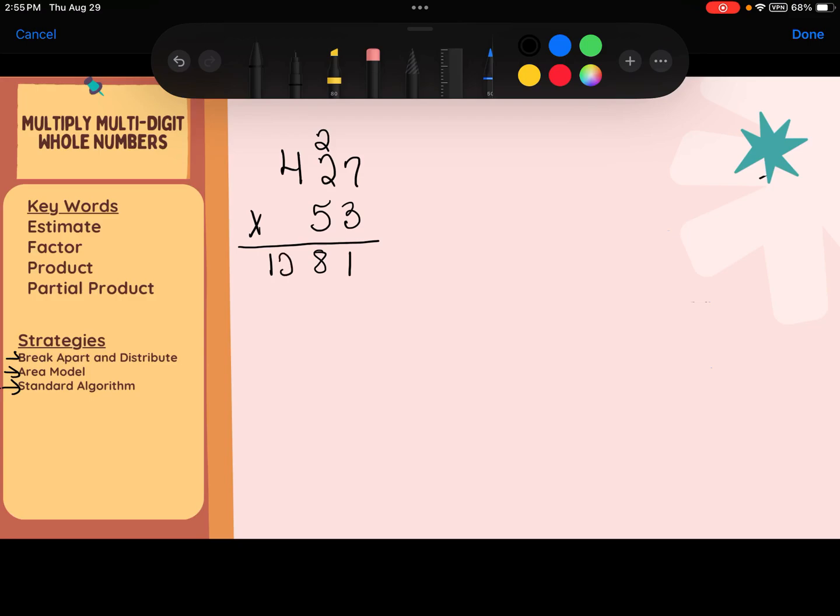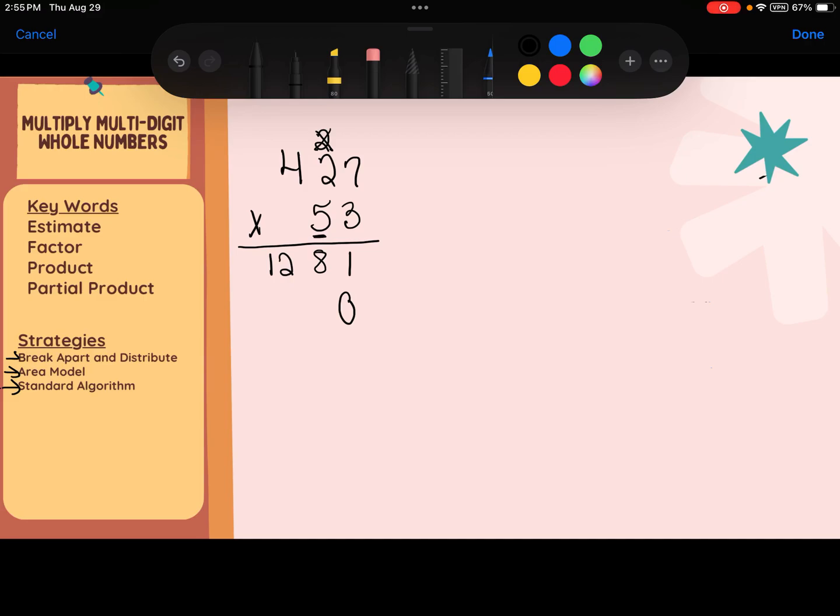Now, when multiplying 5 times 7 to get 35, often students are going to want to take that and put it over 4 and not over the 2 because they're so used to moving to the next column. And so that's the second big mistake that students make.